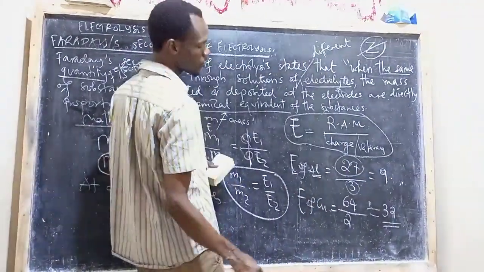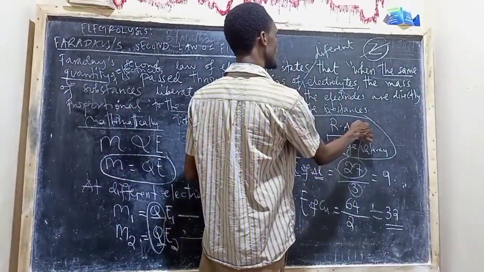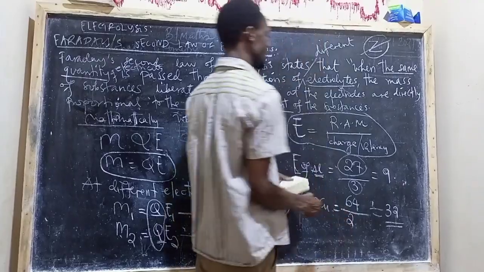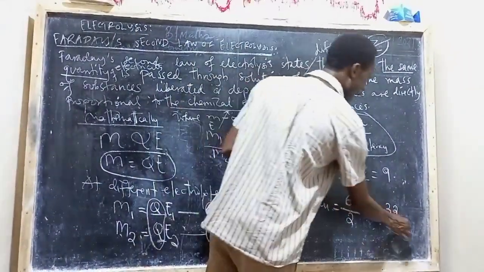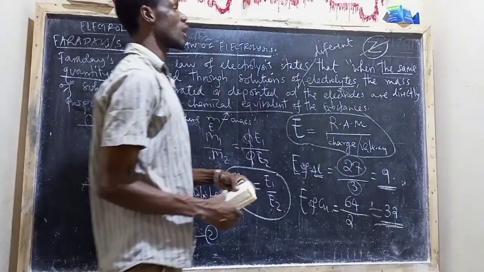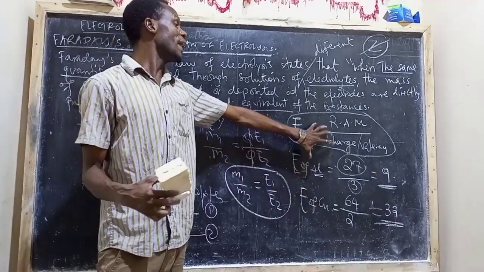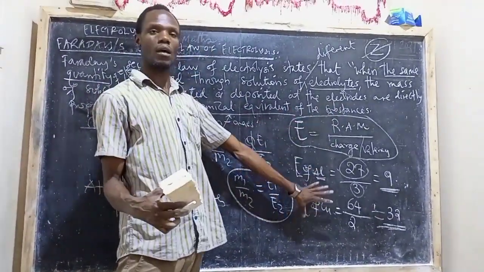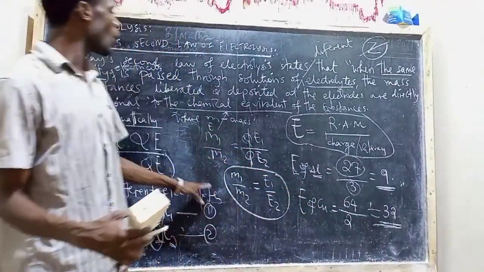The same applies for the chemical equivalent of copper: we have 64 as relative atomic mass, and 2 as the valence of copper. So we have 32 for copper, and 9 for aluminium. First of all, you have to know how to determine the chemical equivalent for particular elements, and then you may compare.